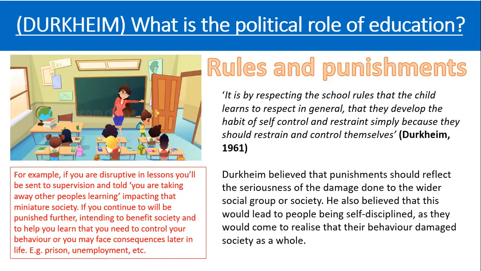So if you continue, you'll be punished further in intending to benefit society and to help you learn. You need to control your behavior, or you may face consequences later on. So things like prison, unemployment. So rules and punishment is just teaching us that if we don't follow the rules, if we don't do what society perceives to be the right thing, then it's not going to benefit society and others, and you'll be punished for that.